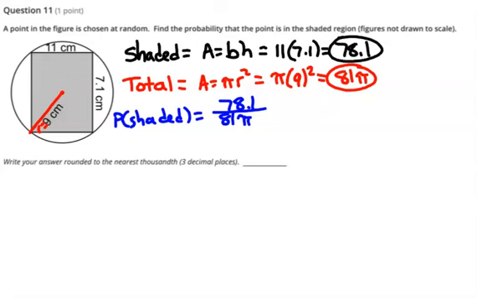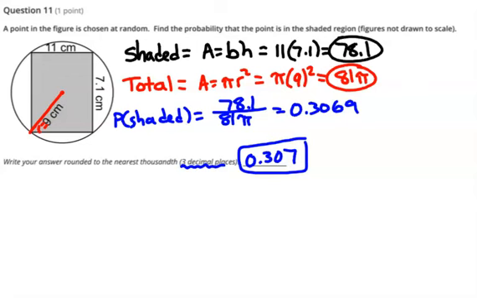But this is going to come out to 0.3069, and they want to round to 3 decimal places. So that would be 0.307. So you multiply base times height to get the rectangle, pi times r squared to get the circle, and then it's just rectangle divided by circle, shaded divided by total.